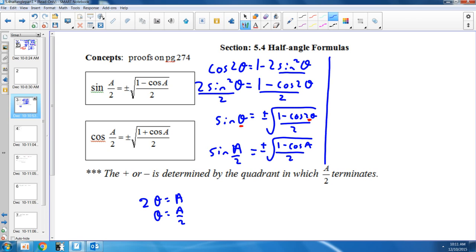Same exact thing can be true for this other one. Instead of the one identity, we're going to actually choose the other identity that involves a cosine squared.